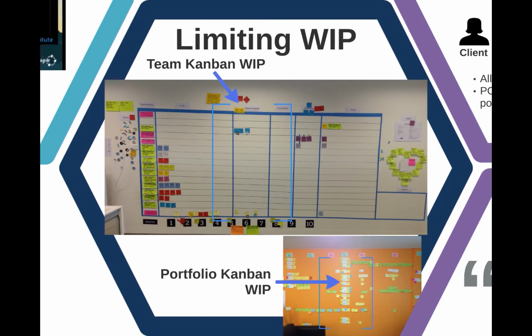But in order to see any of those higher level dependencies across the whole program of work, all of the projects that were in flight, we also developed a portfolio Kanban as well, and actually said quite explicitly, if multitasking at an individual level is bad, then multitasking across teams is going to be even worse. So let's make sure that we limit the total amount of things that we take on at once.